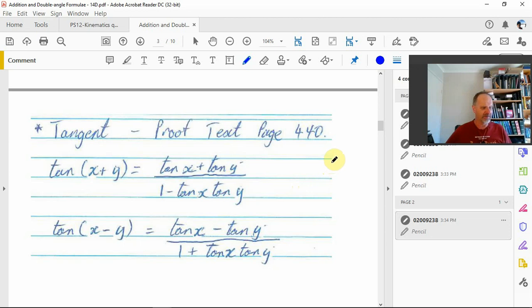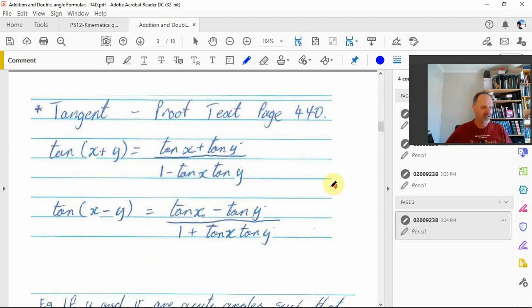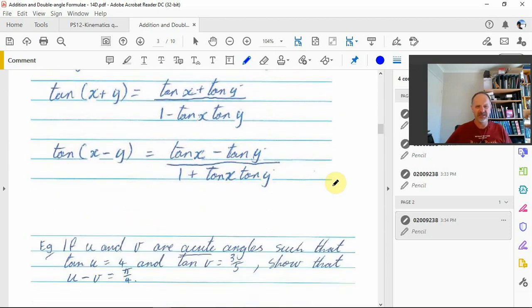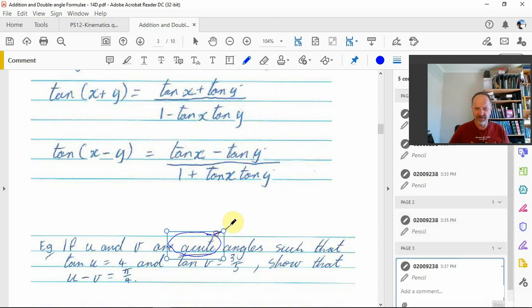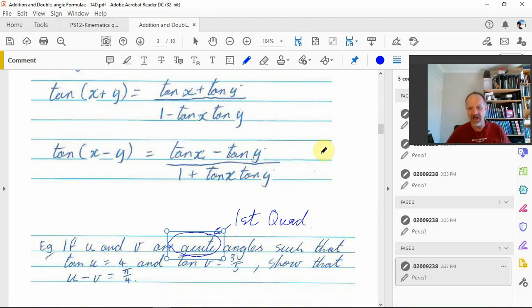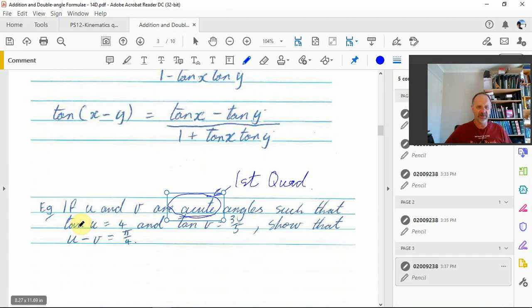All right, so here we've got, there they are. So let's have a look. It says here U and V are acute angles. So before I even go there, acute angles indicates first quadrant. Just remember, acute angles are angles between 0 and 90. All right, so we know that tan U is 4 and tan V is 3/5.